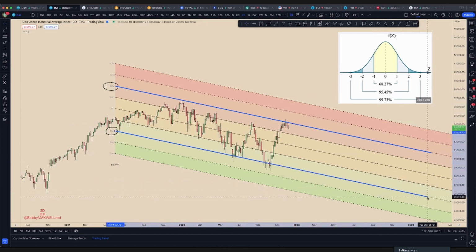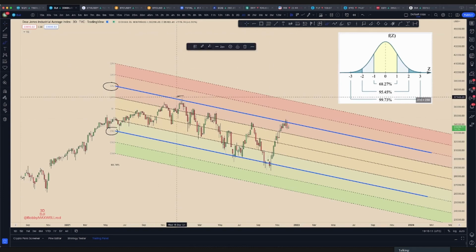Well, let's just take a quick look at it, right? Every single time that we pop outside of CP2 or underneath CN2, look what happens. We get some sort of mean reversion, because as you can see by this picture up here, 95.5% of all data occurs underneath this blue line and above this blue line.